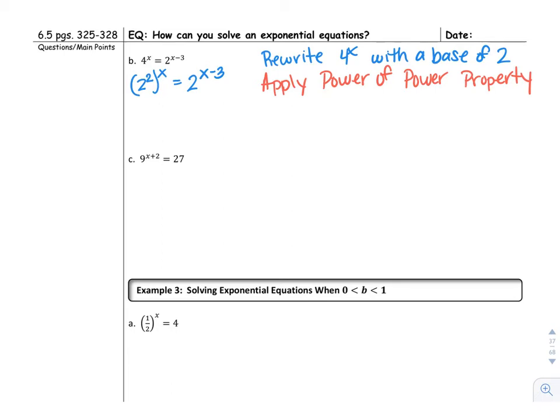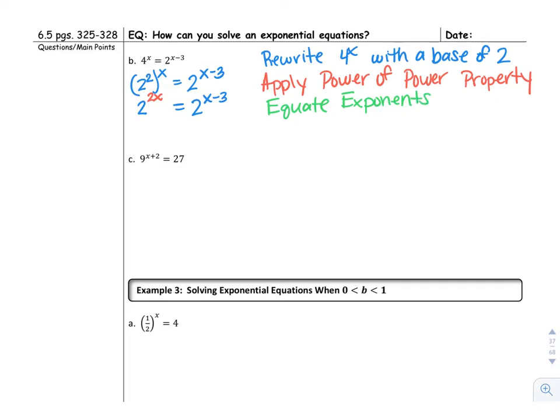So on the term on the left, you would have 2, and then you would multiply the 2 times the x, which is just 2x. And then now we have 2 bases with a 2, and now we can equate the exponents to solve for x.